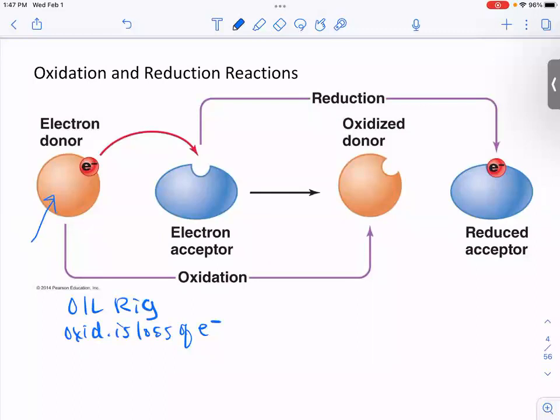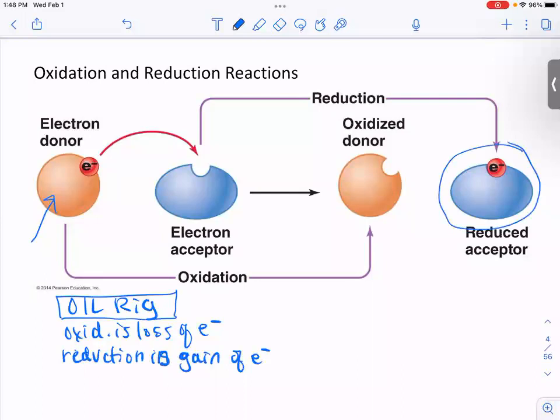I know those terms don't really make a lot of sense, but reduction is gain of electrons. You could think about the net negative charge being reduced. So if it's gaining an electron, it's getting more negative, I guess, yet it's called reduced.